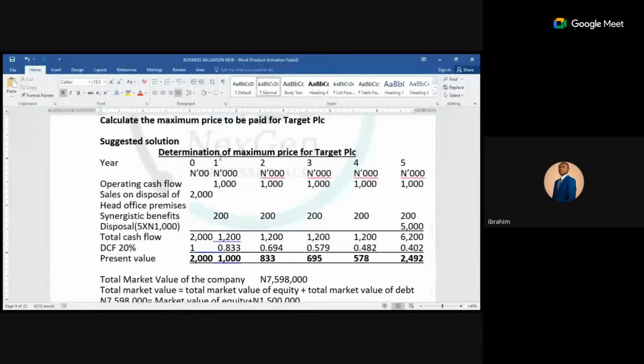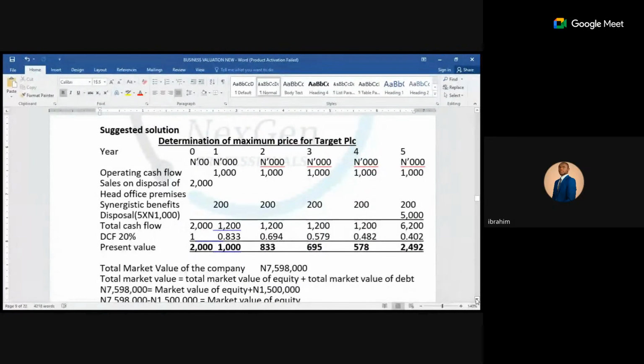If it is cost of equity, it means that will be the total market value of the company, equity. But if you're given the weighted average cost of capital, it means that the total market value of the company you calculate includes both equity and debt.